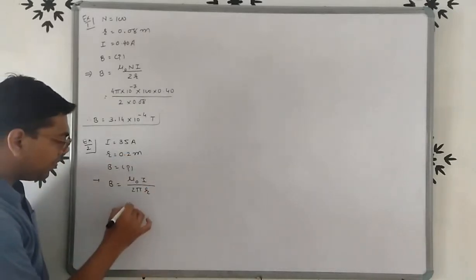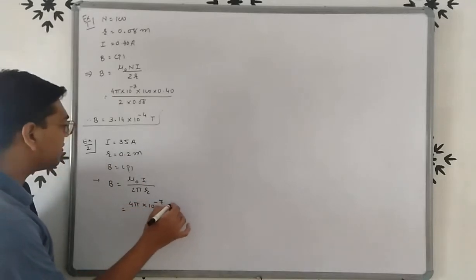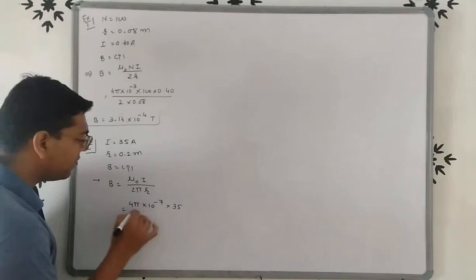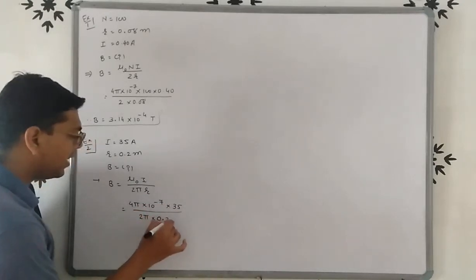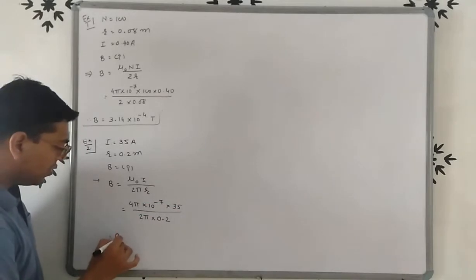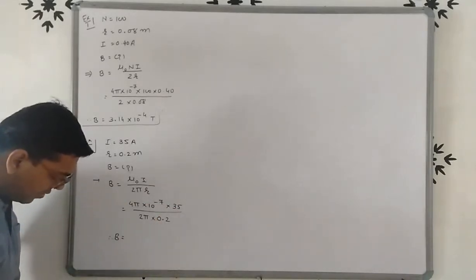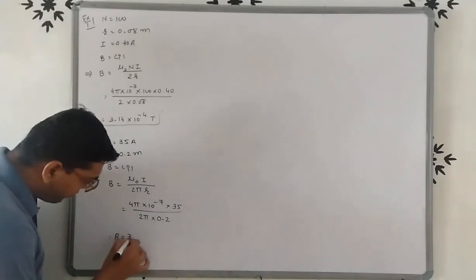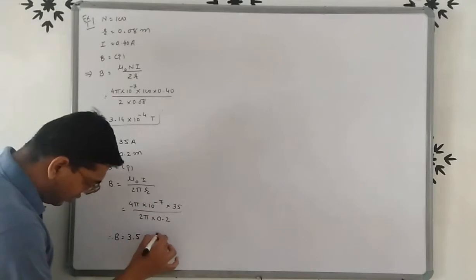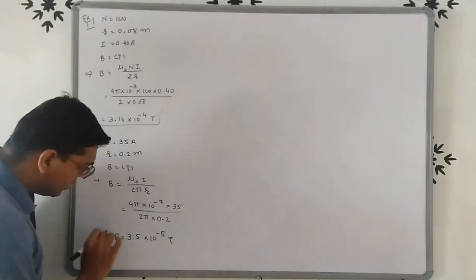So value of mu 0 is 4 pi into 10 raised to minus 7, value of current I, that is 35, upon 2 pi, value of r 0.2. So as you solve this, then you will get B is equal to 3.5 into 10 raised to minus 5 Tesla, right?